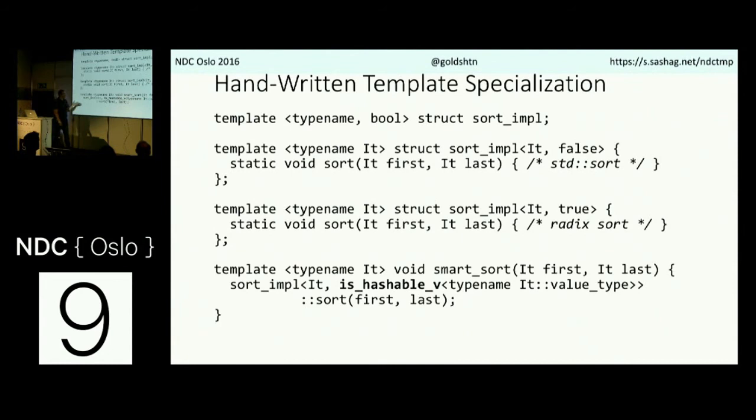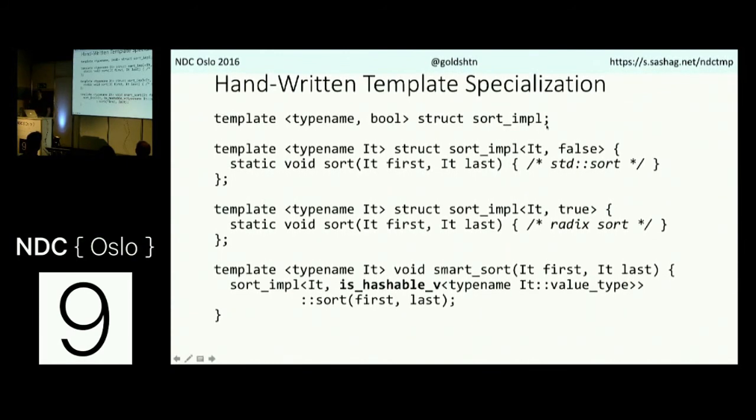And the other case is if it's hashable, if there is a way to produce hashes from values of that type. So if it is hashable, maybe I'm going to use a different sort algorithm like radix sort, and if it's not hashable, I'm going to use something else. It's just an example. I'm not saying there's a practical use of this kind of sort implementation. But we want to ask about the property of the type and then just redirect to two different implementations.